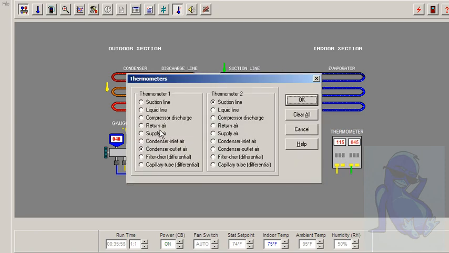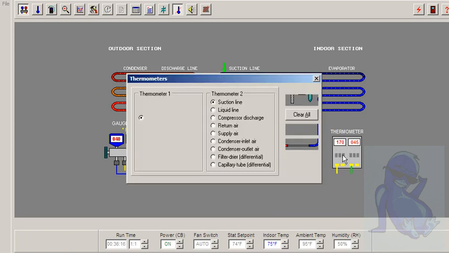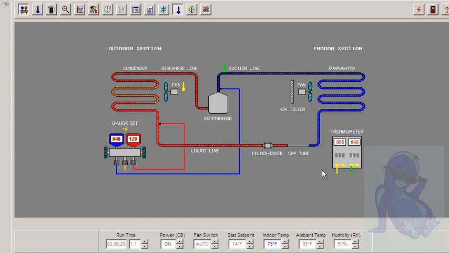Let's see our discharge line, the compressor discharge. Right off the compressor, we are kicking out at 170 degrees. Condenser inlet is going to be the same temperature as the outdoor temperature, 95.